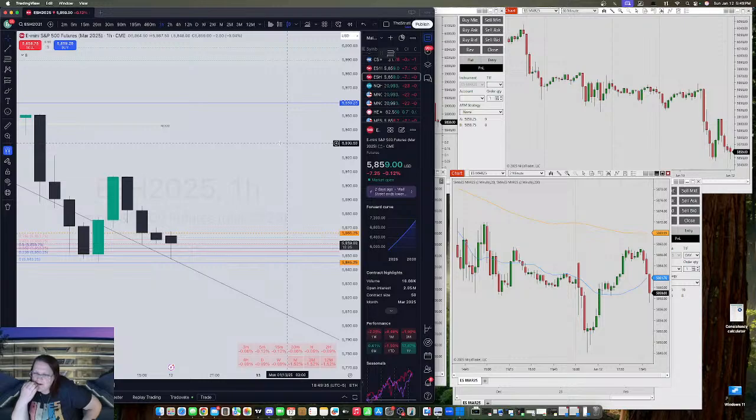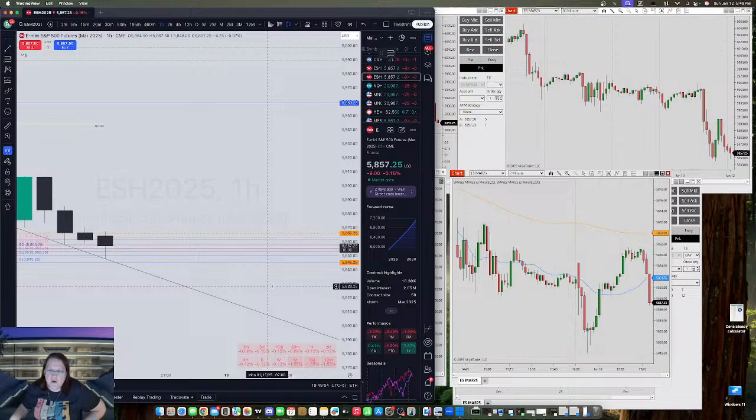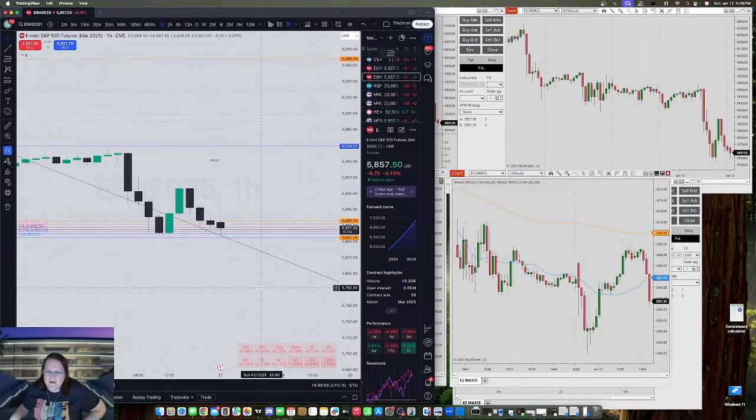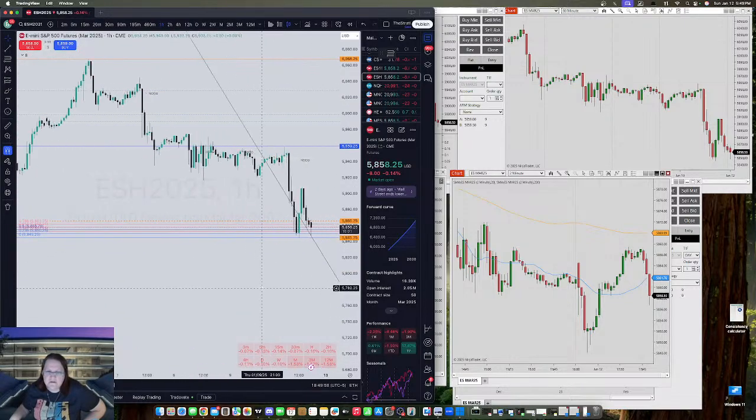Remember what I said about the data point that if you open lower, roughly 60% of the time, you close within a lower range. So very possible that happens today as well. And if they take out this previous week's low, which, if I zoom out, where is it?